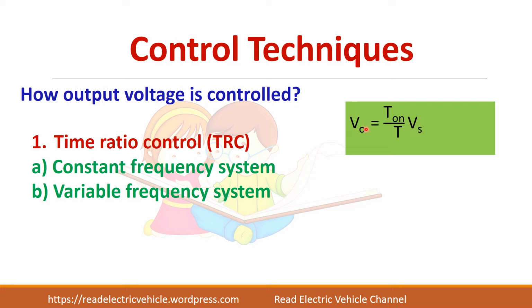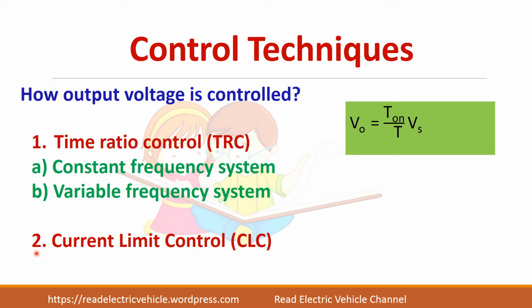We have seen V0 is equal to T on by T into Vs. Here you see two variables, T on and T. In the constant frequency system, as the name says, the frequency is kept constant, T is kept constant, and you vary only T on. In the variable frequency system, you vary the total time period T while keeping T on constant.